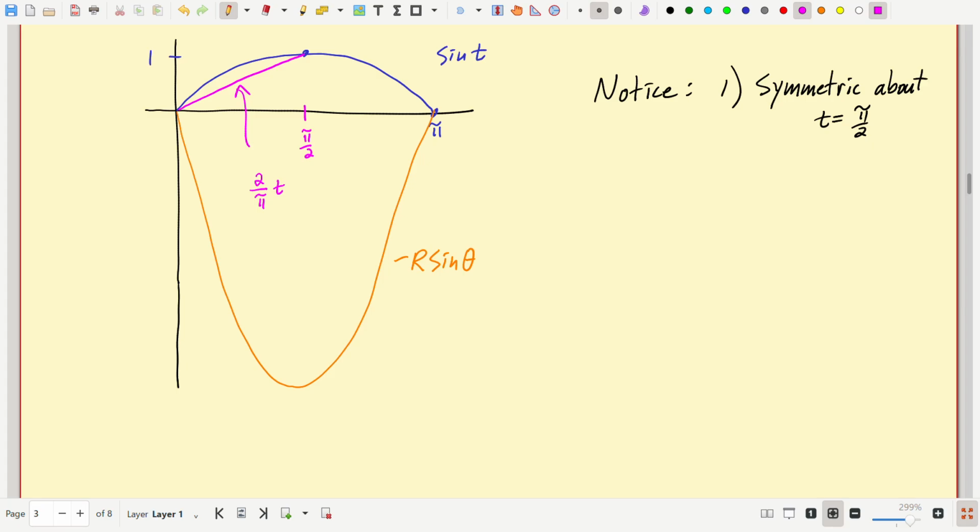Okay, so here's what I get when I start thinking about estimating stuff. 0 is less than or equal to 2t over pi, which is less than or equal to sine of t on half the interval, so on 0 to pi over 2.